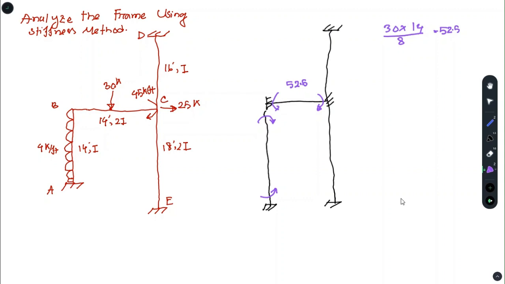Here W is 4, length is 14, WL squared divided by 12. The value will be 65.33, if I'm not wrong. Yeah, this gives 65.33.